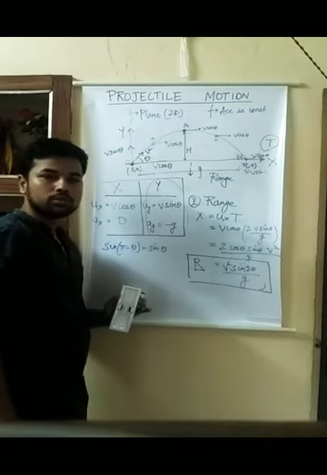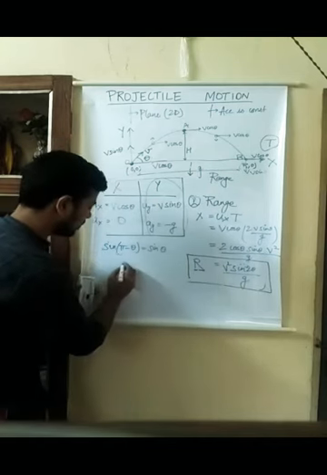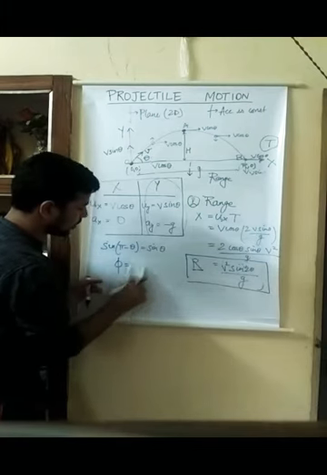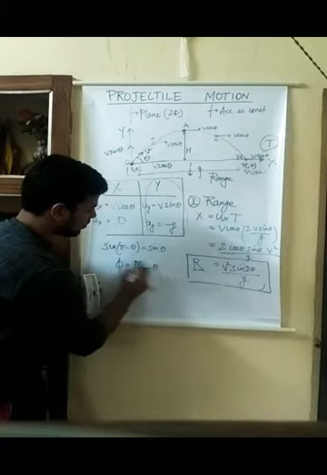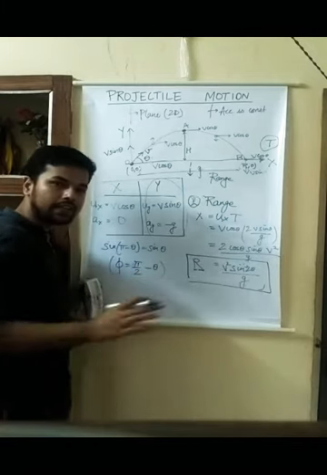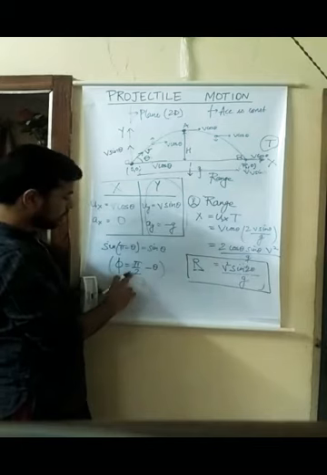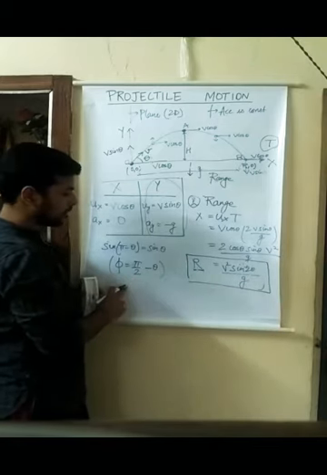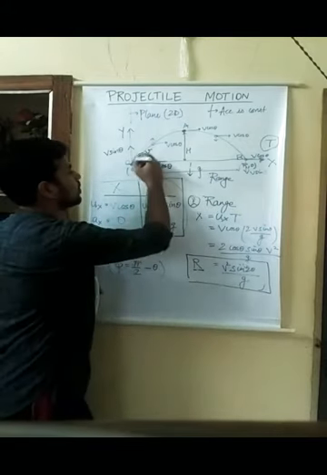So if we take some angle phi and define it as 90 degrees, say pi by 2 minus theta, we have taken some angle phi and defined it as pi by 2 minus theta.